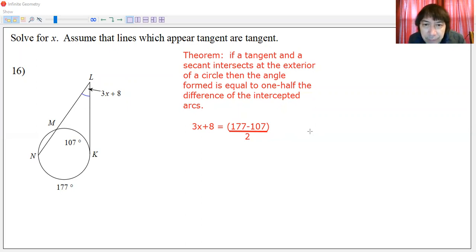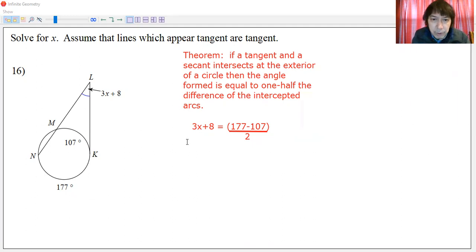Let us simplify first. 177 minus 107 will be 70. So the right side is 70 divided by 2.